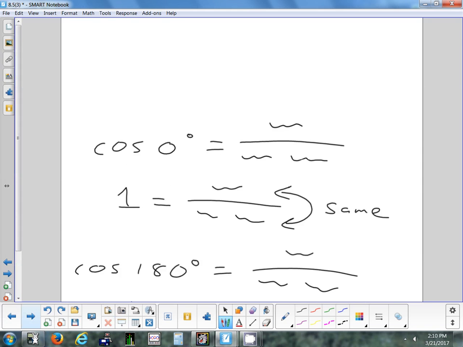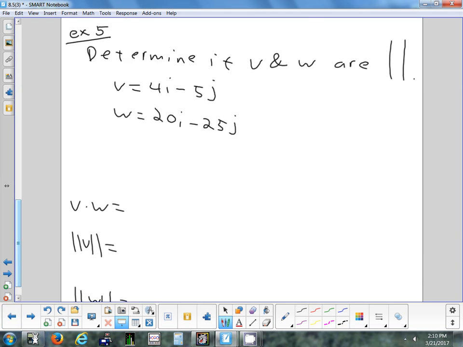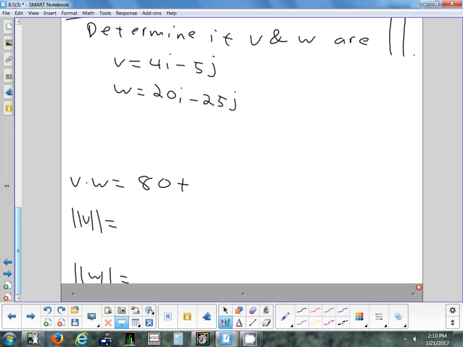When we went through this, you have to find everything: the dot product, and then the magnitudes. So I'll start with the dot product, which is 4 times 20 is 80. And what's -5 times -25? 125, and then we add those up, and we get 205. So that's our dot product.